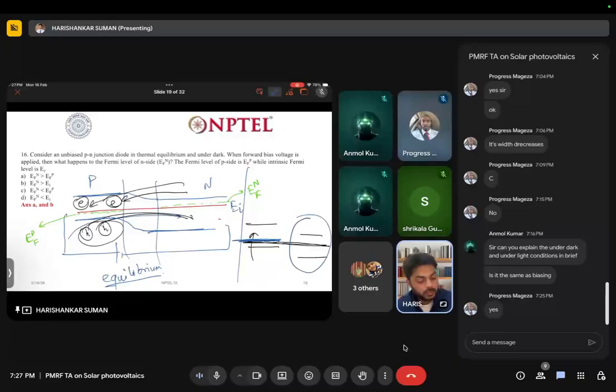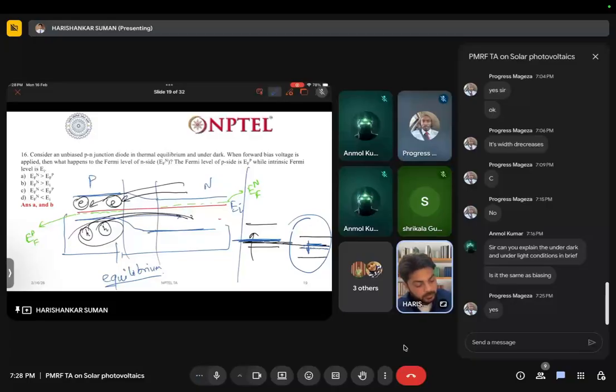And similarly for electrons, initially here, electrons are less, so it goes down.